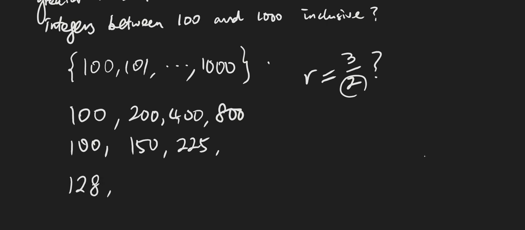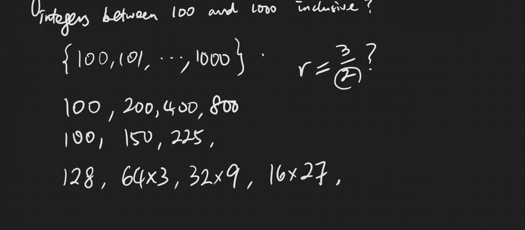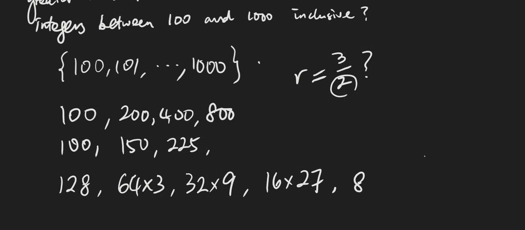So the next one would be 64 times 3, and then the next one would be 32 times 9, and then 16 times 27, and then 8 times 81, which is 648.